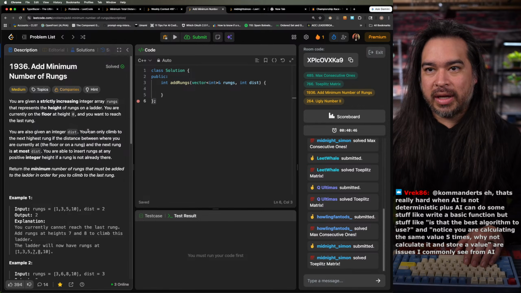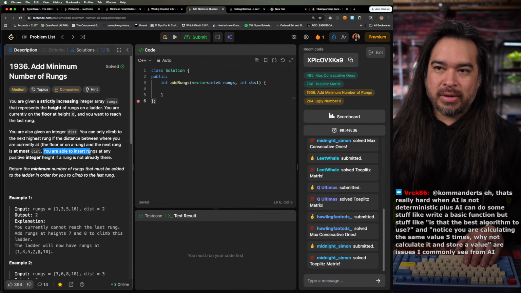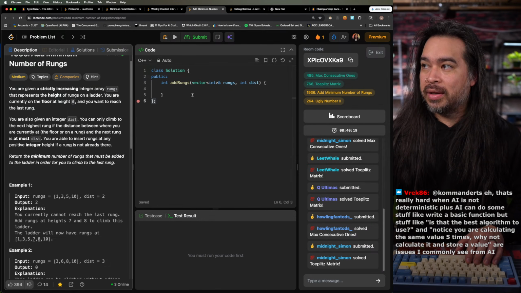You can only climb to the next highest rung if the distance between where you are currently at and the next rung is at most dist. You are able to insert rungs at any positive integer height if a rung is not there already. Return the minimum number of rungs that must be added to the ladder in order for you to climb to the last rung.